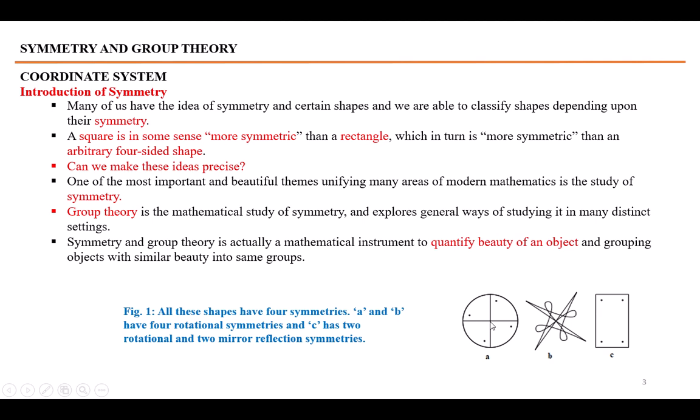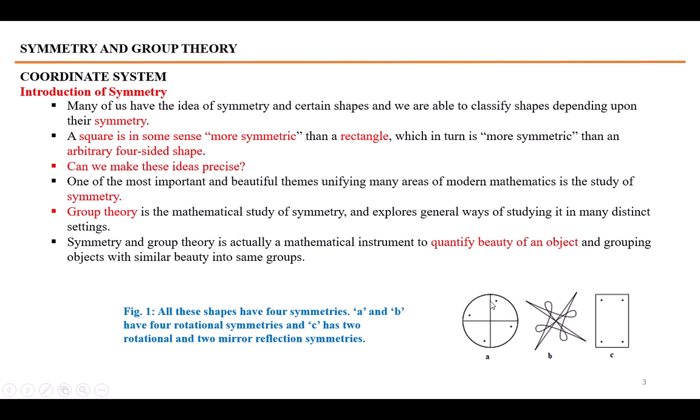If you take the axis passing through this point perpendicular to the screen in shape B, and we rotate this shape by 90 degrees, then again by 90 degrees, after each 90 degree rotation the shape will be identical. It means after and before a 90 degree rotation, you cannot distinguish whether you have rotated the shape or not.